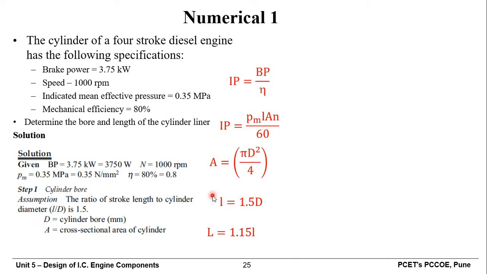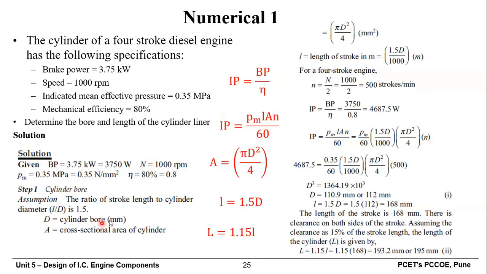So we can start here. The cross-sectional area of the cylinder A is equal to pi d square upon 4 in mm square. And as we assume, the stroke length is equal to 1.5 d upon 1000 in meters.